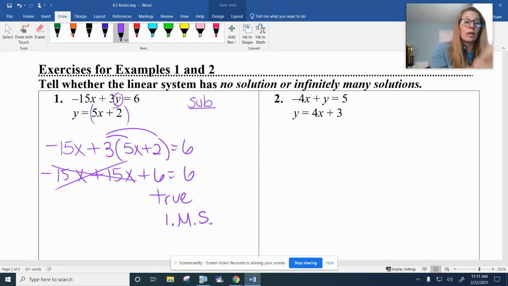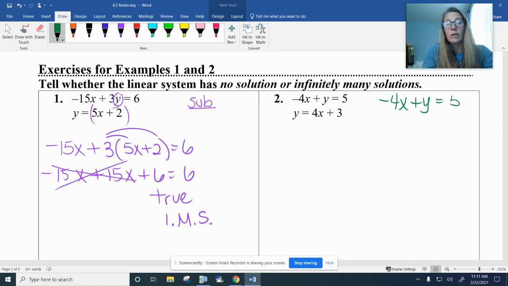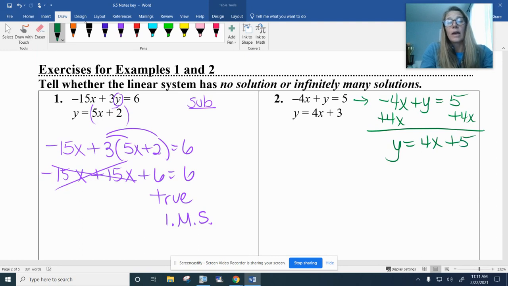Now, in the second one, I could do the same method again. I could just substitute in my y. But since this y is by itself, I'm actually going to just get the y by itself and then kind of compare them. So if I add my 4x over, I have y equals 4x plus 5. So now look at my two equations.